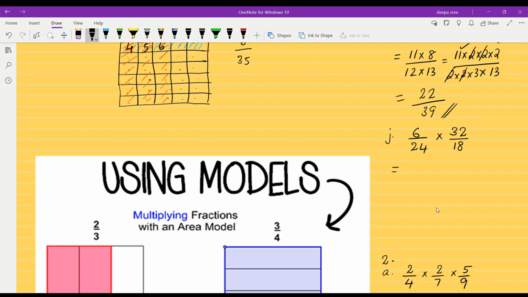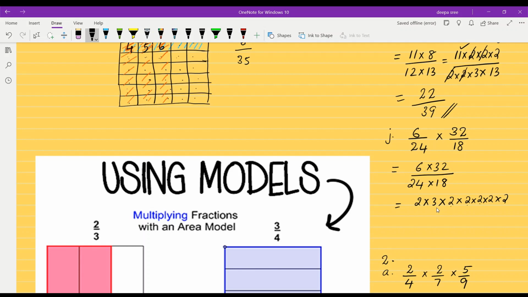So next, 6 into 32 divided by 24 into 18. 6 we can write it as 2 into 3. 32 we can write it as 2 into 2 into 2 into 2 into 2, 5 times 2.